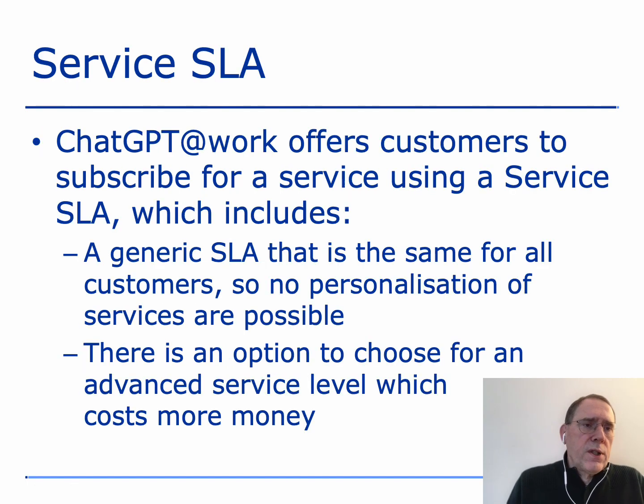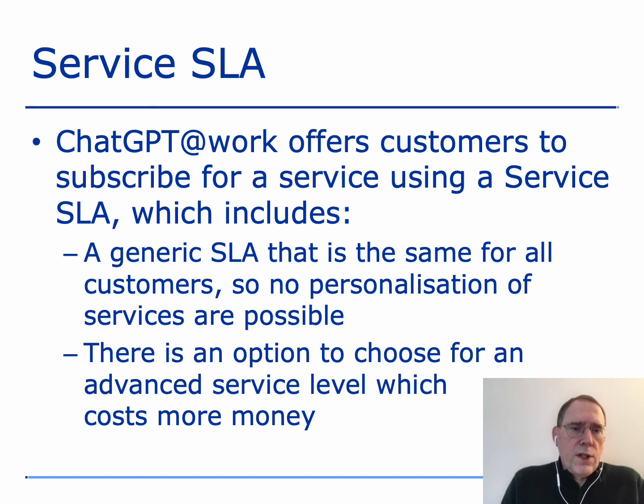So let's first look at the service SLA. For instance, the service SLA might be ChatGPT at work, and that offers customers to subscribe to a service using the service SLA. So what does it include? This SLA only includes one service, and it's a generic SLA for all the customers. So there is no deviation possible per customer. So it's very easy to agree on the SLA.